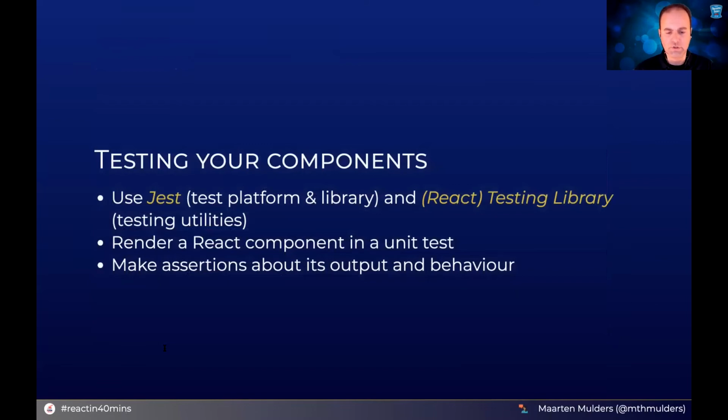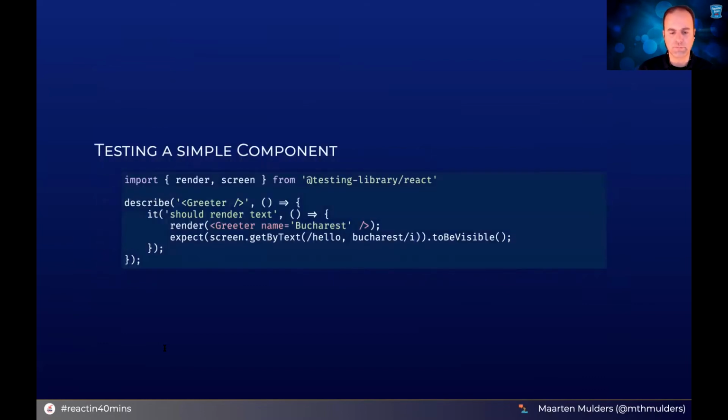Testing your components is done using Jest and the React testing library. They allow you to run a component in an isolated environment without spinning up a browser, which is of course a very expensive step to do, and then make assertions about the output and the behavior of your component. So for instance, I can verify that if I am rendering a component, a particular text is visible on the screen.